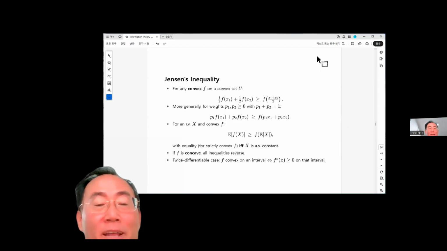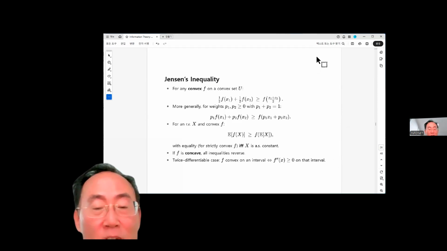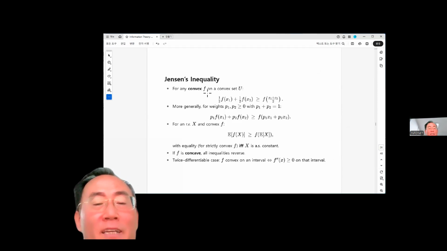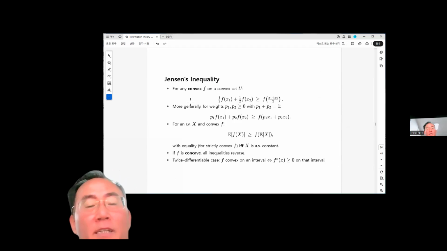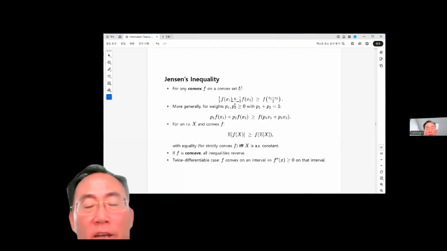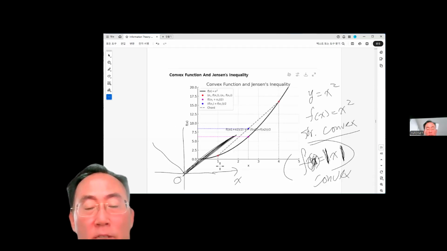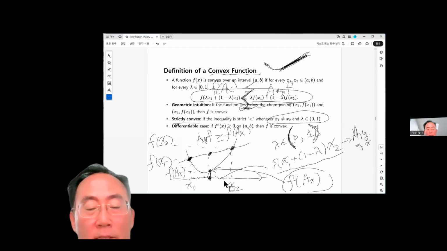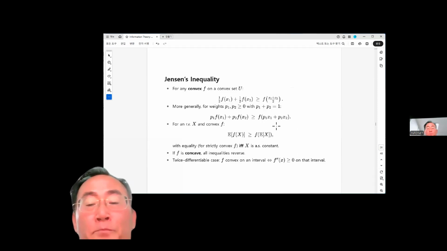And applying that to Jensen's inequality, for any convex f, now you understand what we mean by convex function. For any convex f on a convex set U, you can just ignore this convex set part. You can just understand that part. We are doing this, average x, okay?